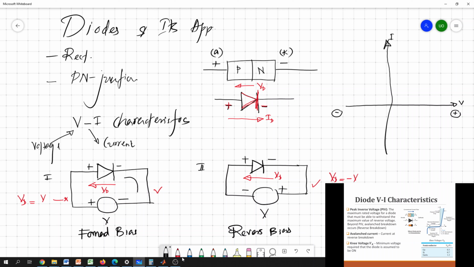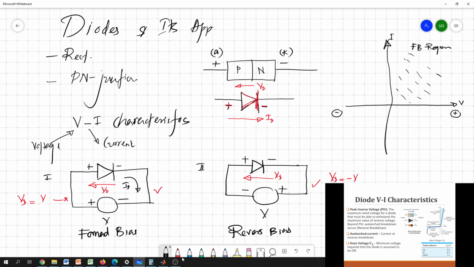So this is the current, and we can treat it as a positive current. So we call this first quadrant the forward direction, the forward bias region. So we'll put forward bias region.